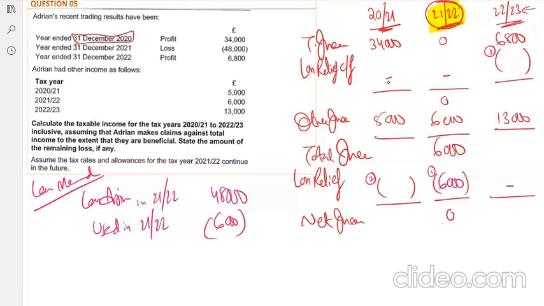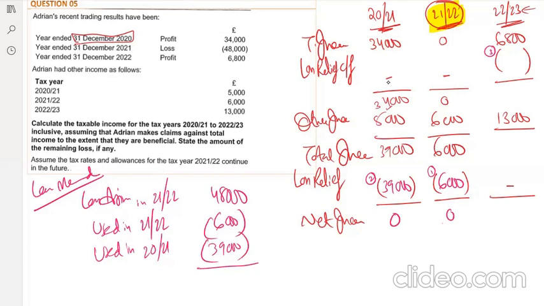Right. Now, carry it back. So this is 34 plus 5, 39,000. How much are we going to adjust? 39,000. How much loss amount is left here? 42, right? So 39 will be adjusted here. 0 will be reported.